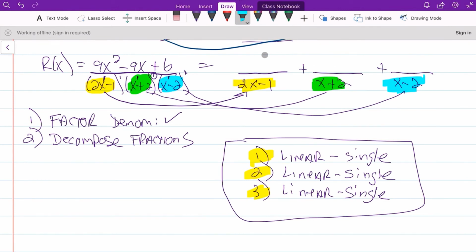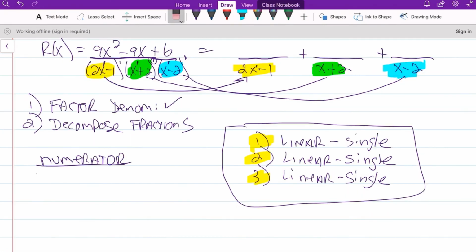Now we have to figure out the numerator. The terms in the numerator are going to represent what I have in the numerator here. Remember, what we're doing is taking a rational expression and breaking it up into the sum of its parts. Well, we need some terms in the numerator that add or subtract up to 9x squared minus 9x plus 6. And the way you start it off is you have to put placeholders for those terms.